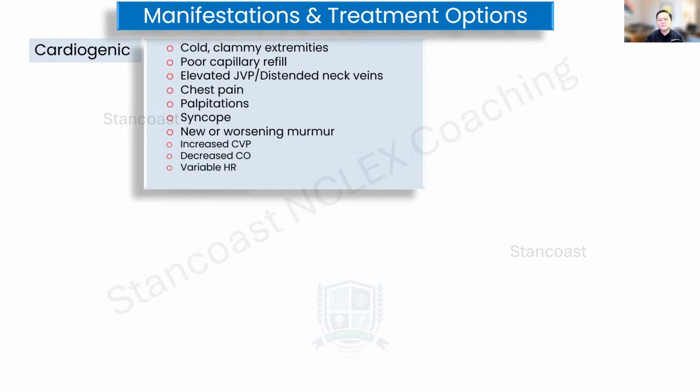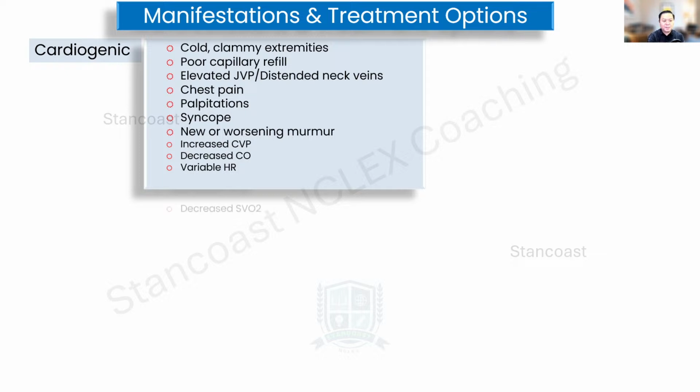So what is this variable heart rate? It basically will be affected. It could be a high heart rate, tachycardia, or it could be bradycardia. So it kind of fluctuates. It's not consistent to be in the 80s, 70s. It kind of fluctuates on every range. So this is caused by the decrease in the cardiac output as well.